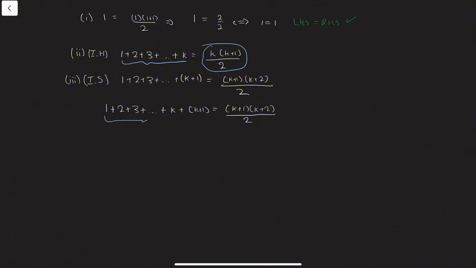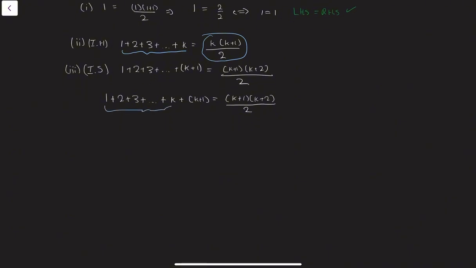We have that represented right here. So we can replace that, saying k(k+1) all over 2, oh, sorry, I forgot to add another k + 1, plus (k+1) is equal to (k+1)(k+2).